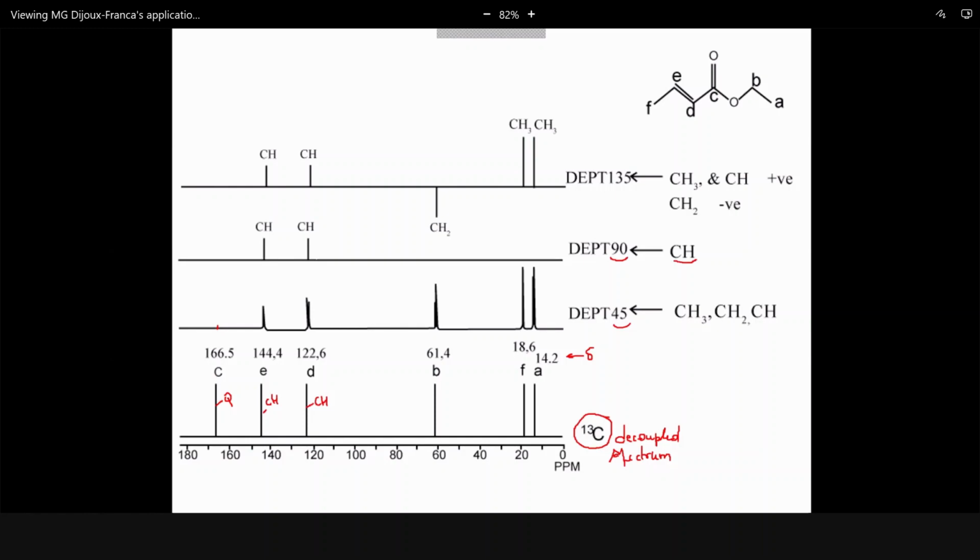And if I compare with the DEPT 135, I can see the CH3 and CH on one side of the spectrum and CH2 on the other side. That's why we call positive and negative side. Then I knew that carbon B is a CH2. I saw the CH, so it's confirmed here. And the carbon F and A are CH3 carbon.